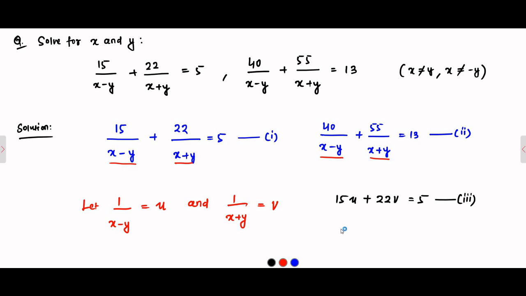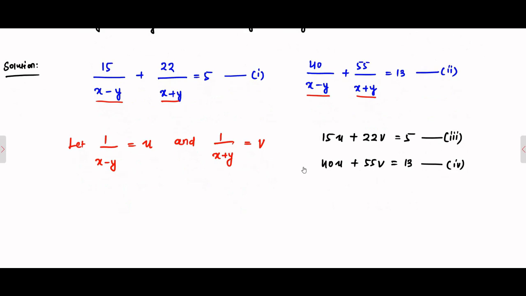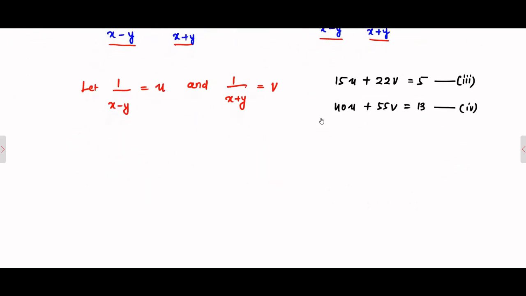And here it is 40u plus 55v is equal to 13, equation 4. Okay, so we have made the substitutions. Now we have the equations in their standard format, in which we normally solve them.